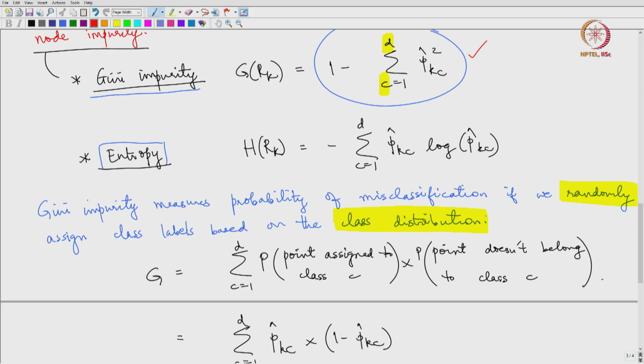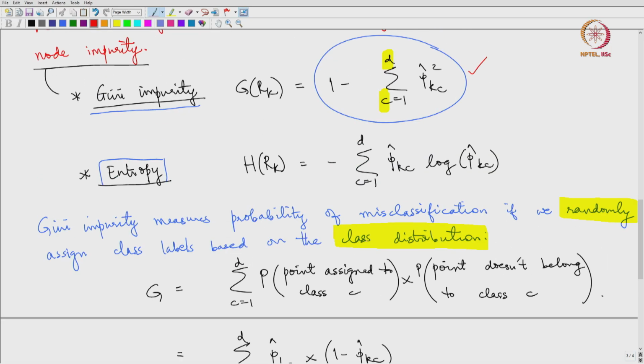So I hope you now understand where at that time we had written that expression. The Gini impurity essentially measures the probability of misclassification if we randomly assign class labels based on the class distribution, right. This entropy, of course, you do have a much better understanding, because you have worked with classification models, binary classification models.